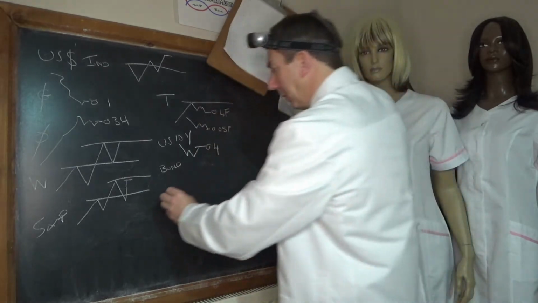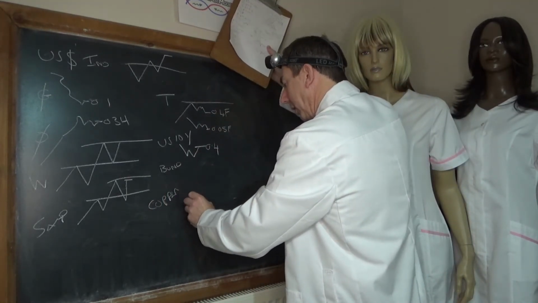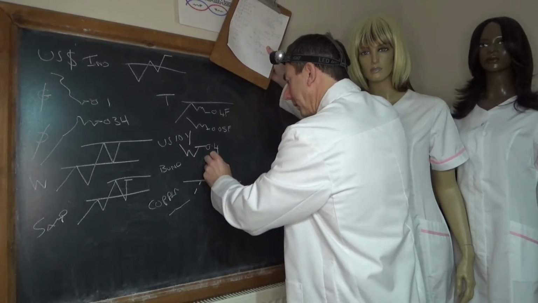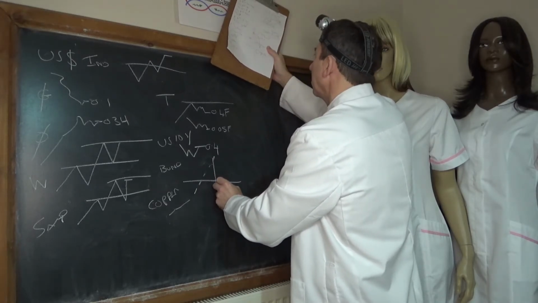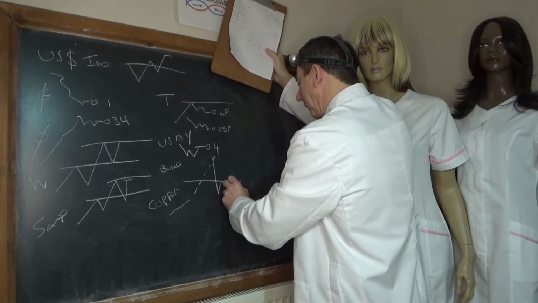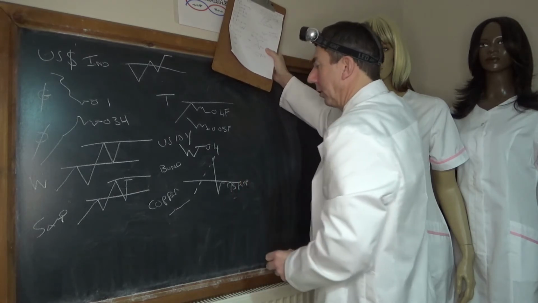Right, copper. Copper, we've got 1, 2, 3, 4, 5 pumps. Came back to the second pump, went back to base camp. It's messed about, and it's now still at this 1.75 pump. So it's still weak, copper.